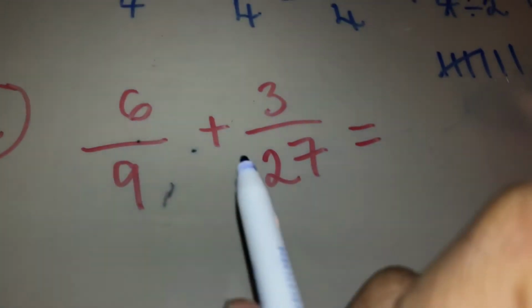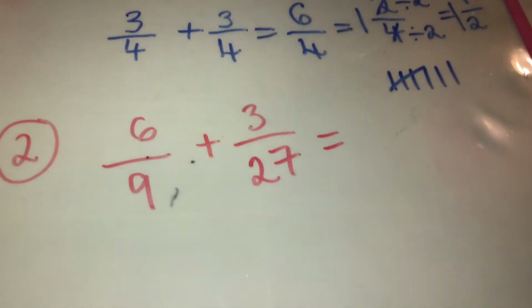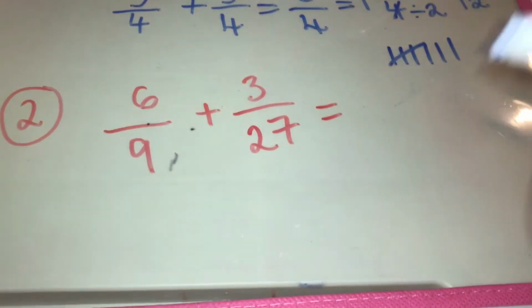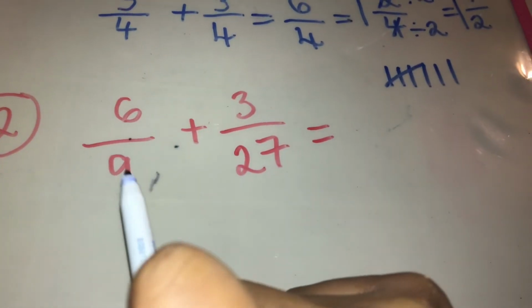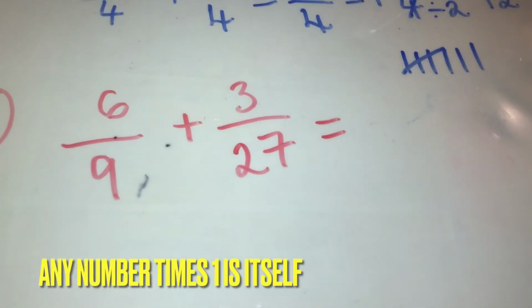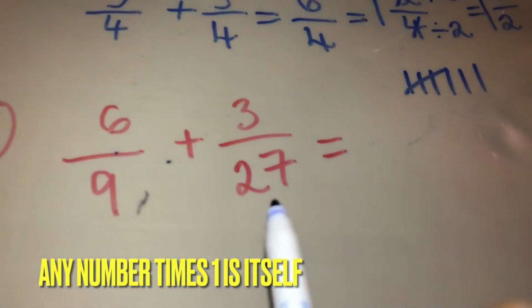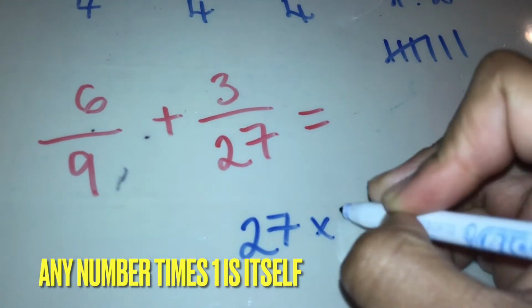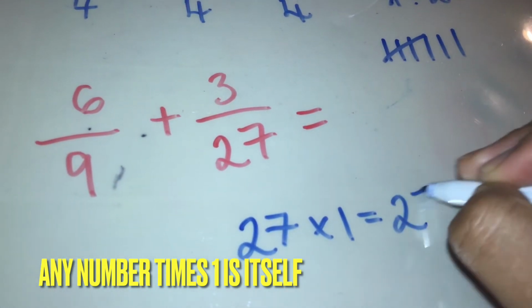But let's use our method that we did before, which was identifying our lowest common multiple, okay? So our lowest common multiple for 9 and 27, I don't know about you, but I don't know my 27 times table, and you don't need to know it either. However, I do know that 27 times 1 equals 27.